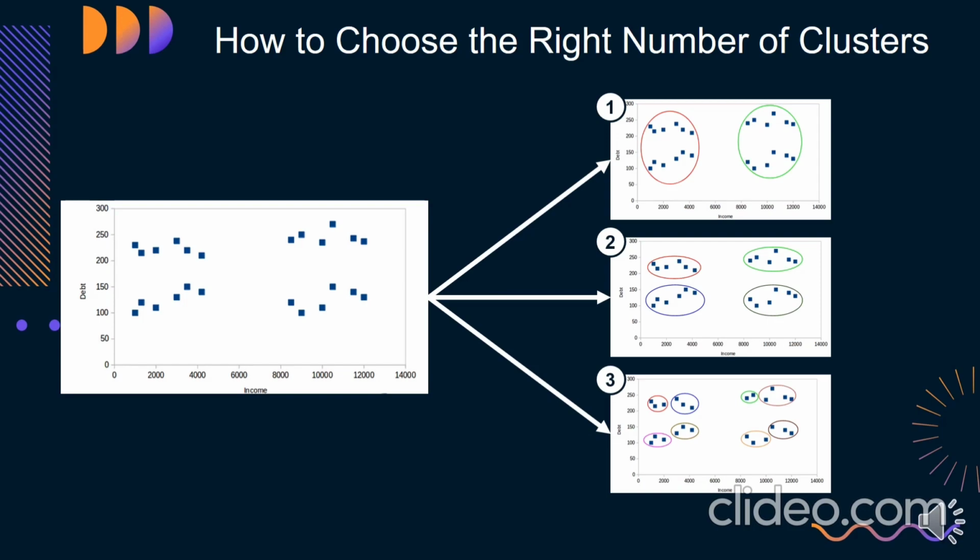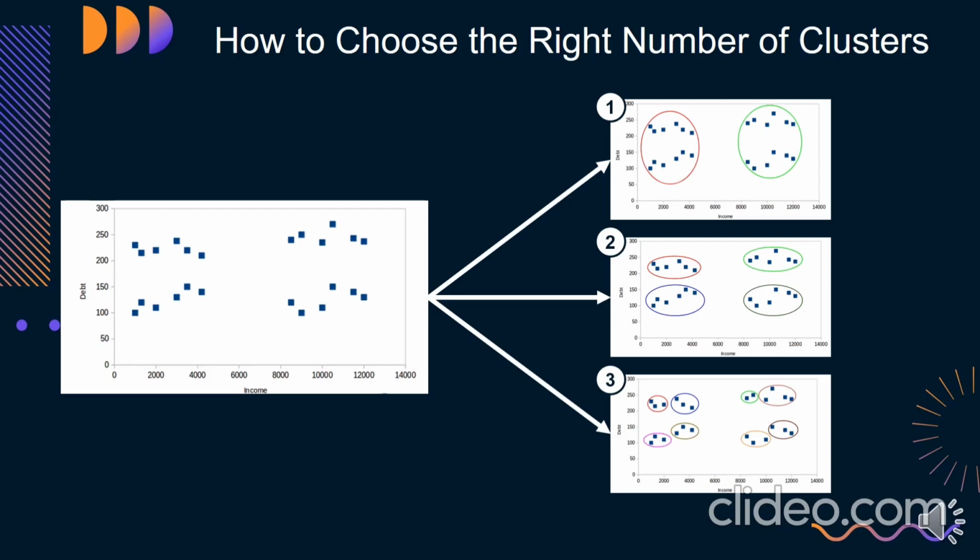Here we can have 2 clusters which will separate the customers, as in the first case at the top right. All the customers with low income are in one cluster, whereas the customers with high income are in the second cluster.